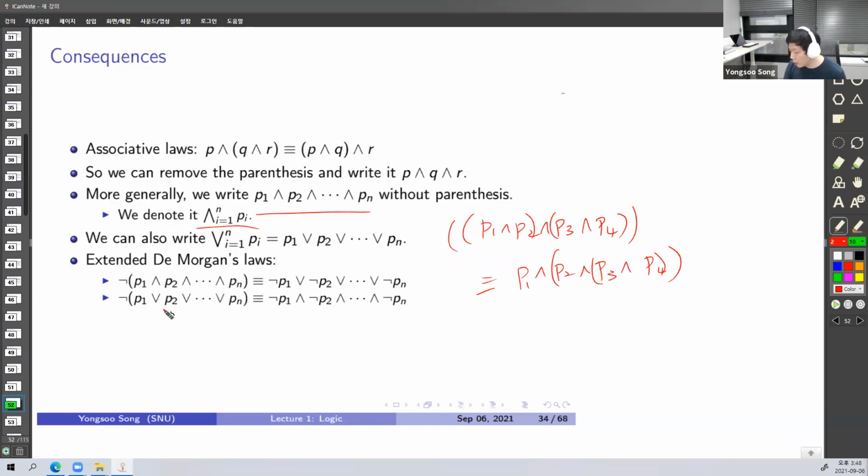And of course, if you write a truth table for these two propositions, they would have 2 to the n rows because there are n atomic propositions, but still it is easy to see that only one of these 2 to the n rows has a different value from the others. So it is still very easy to show that the truth tables of these two propositions are the same.